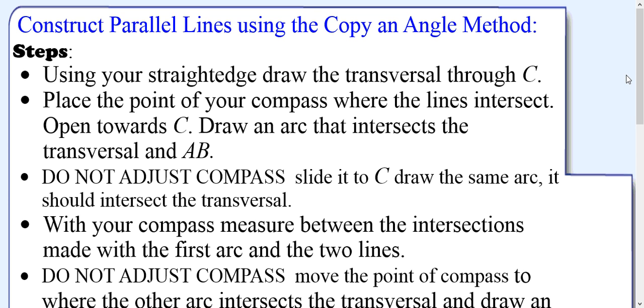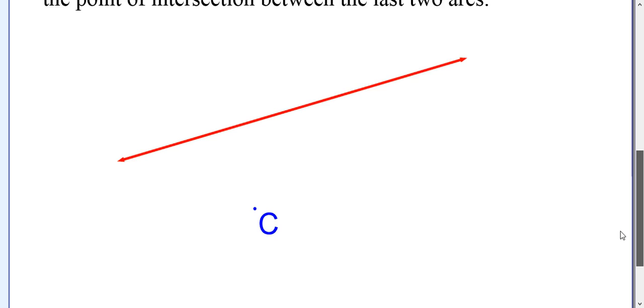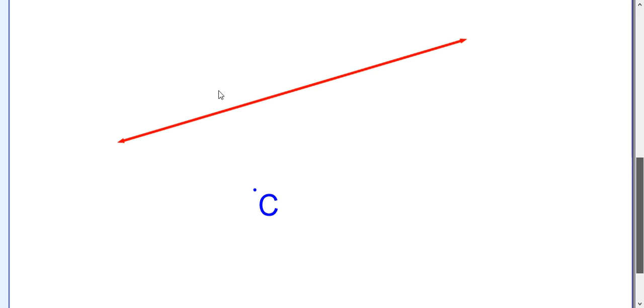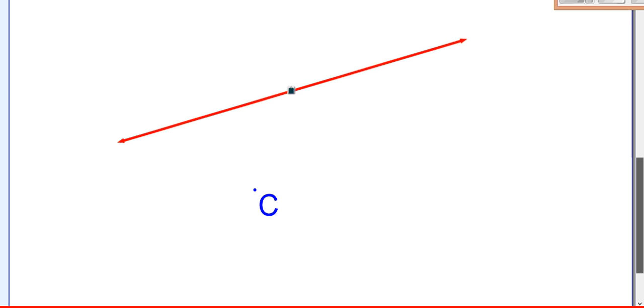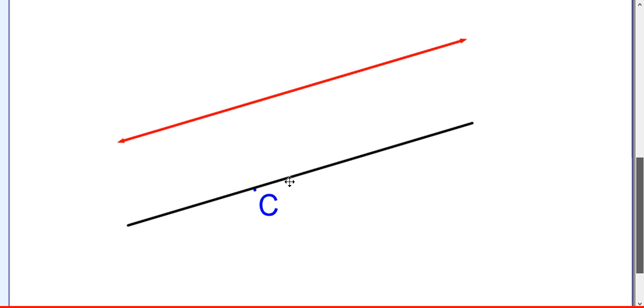What we're trying to do is take this red line and have a parallel line down here that goes through point C. It's kind of like taking the line and translating it straight down there.